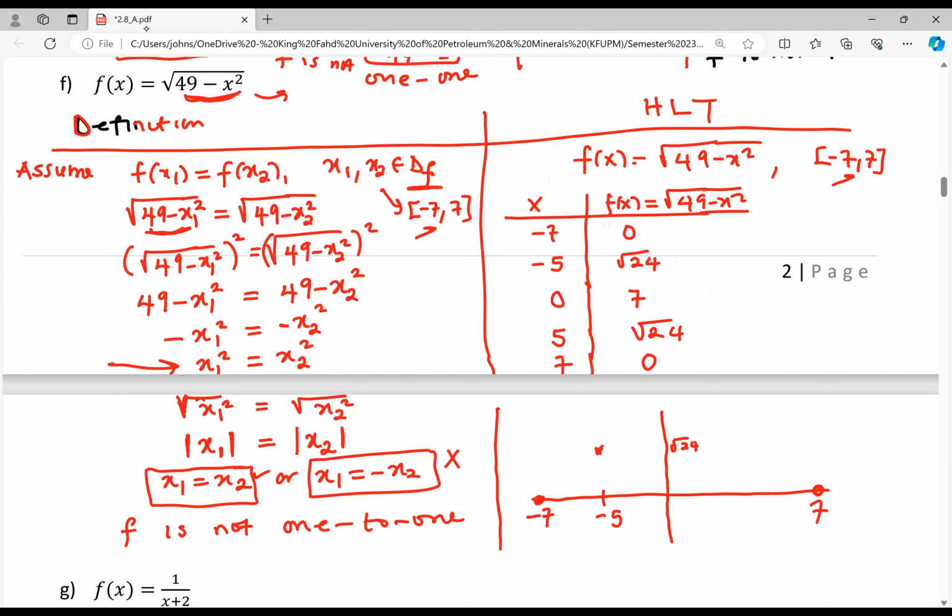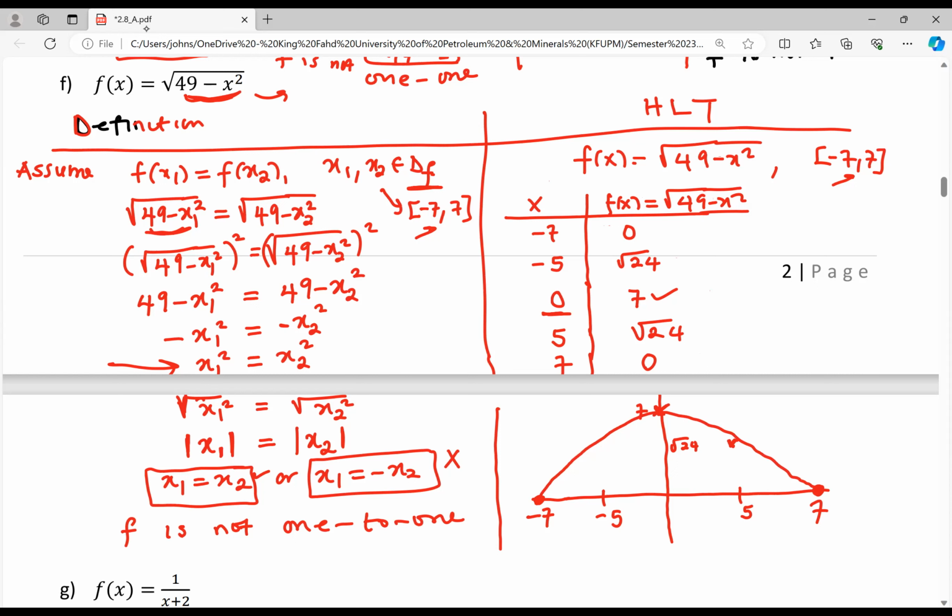And also, if you go to 5, it will still be the same value, as you can see. But at x equals 0, we have the y-intercept, which is somewhere at 7. And at 7, you see we have 0, which is here. So we're going to have just like a circle, something like this.